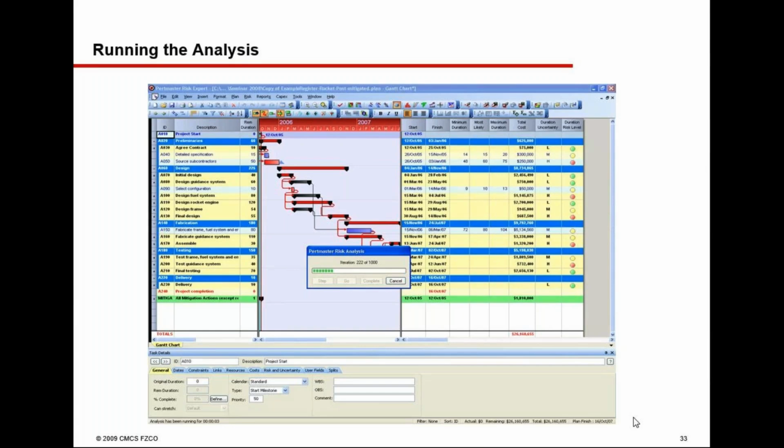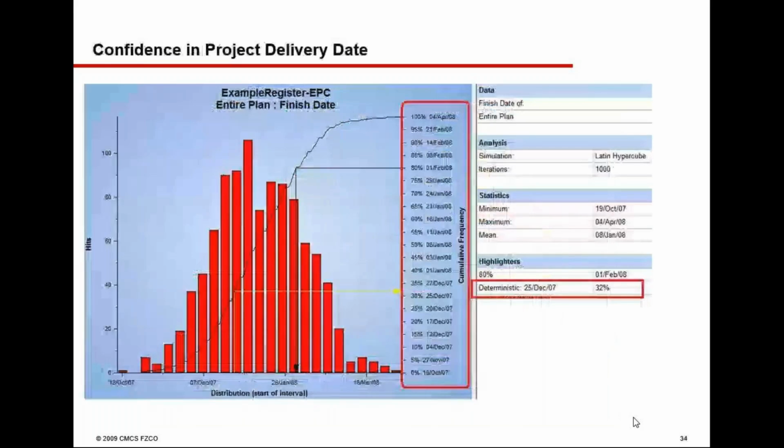Then if you see here, there is a minimum duration, most likely duration, and maximum duration. Values will be filled once the iterations are over. And at the end of a simulation, you have a distribution graph.